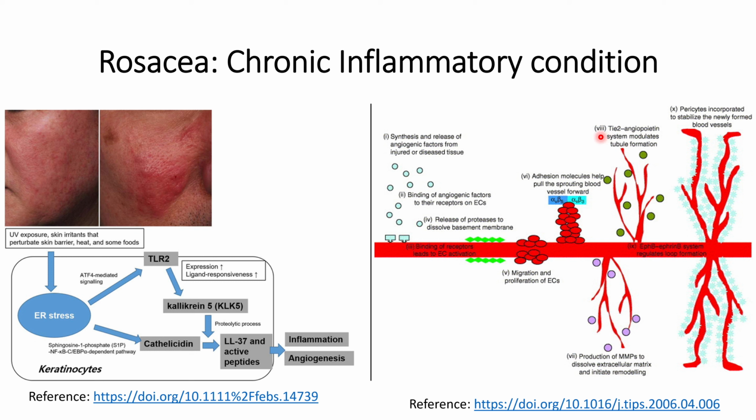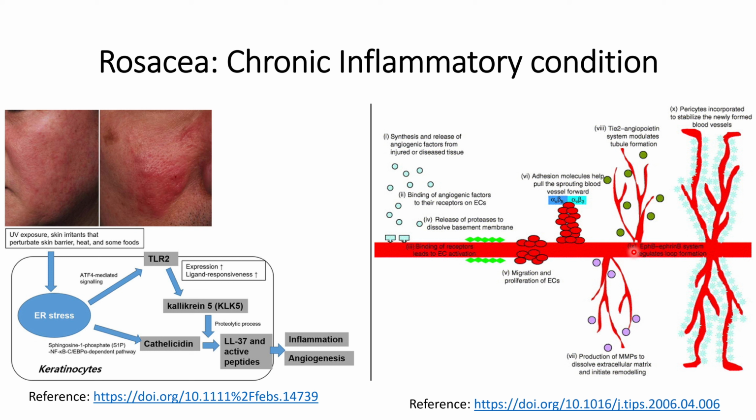The next step is that Tie2 angiopoietin will promote the tube-like formation. So MMP will dissolve the extracellular matrix and initiate remodeling, and Tie2 will further enhance this remodeling and then form a tubule-like formation.